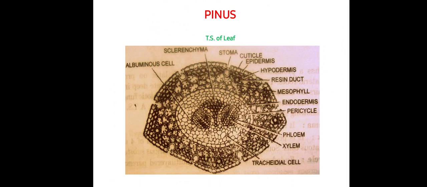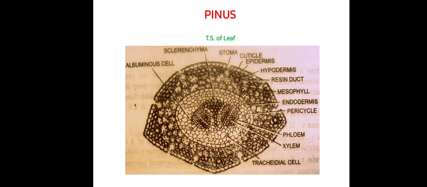Coming to the Pinus leaf, that is the needle. Pinus leaf is in the form of a needle. This is the structure, and the Pinus dwarf branches bear needle-like chlorophyllous leaves, and these Pinus needles show many xerophytic characters also.